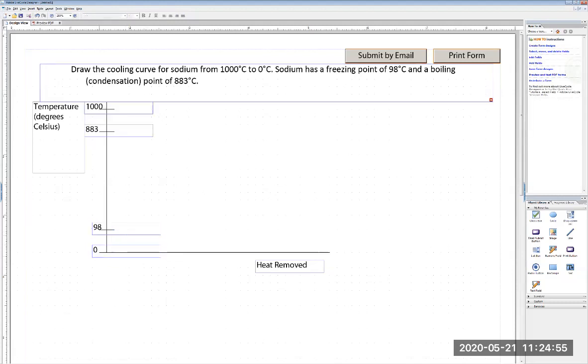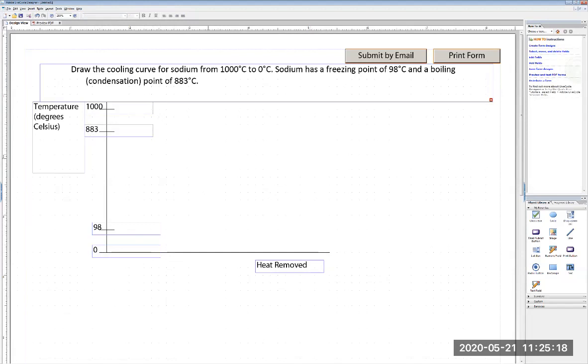We are asked to draw that cooling curve from 1000 degrees Celsius to 0 degrees Celsius. We know we will need to stop, do a different way of drawing the line at 883 degrees Celsius for the boiling point or condensation, and then 98 for the freezing point.